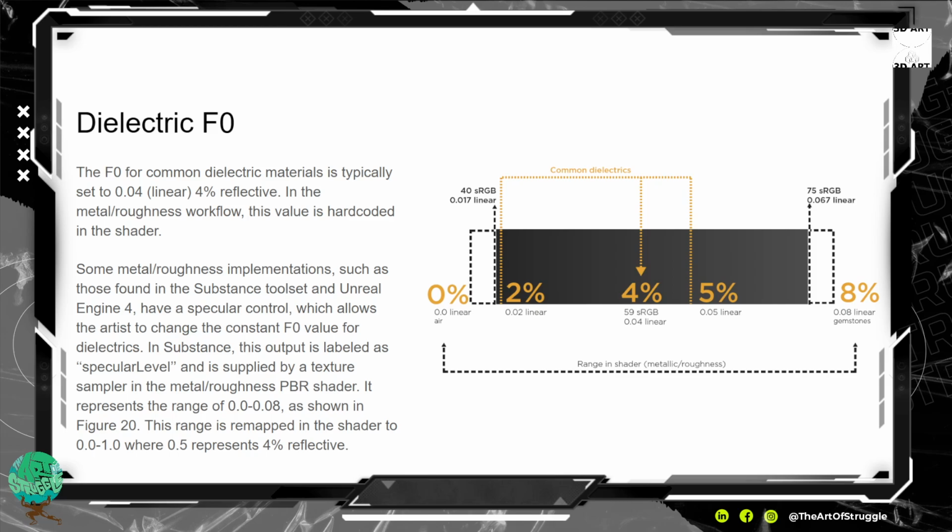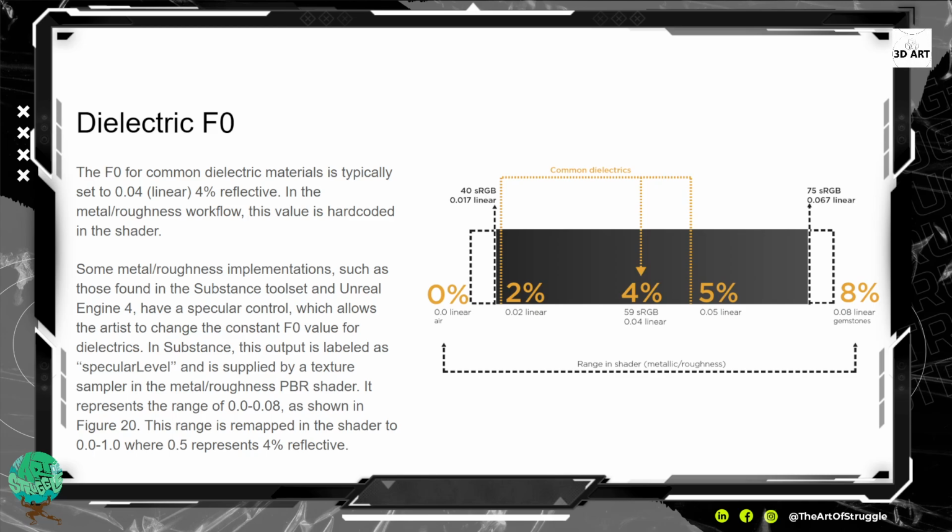Some metal roughness implementations, such as those found in the Substance toolset and Unreal Engine 4, have a specular control, which allows the artist to change the constant F0 value for dielectrics. In Substance, this output is labeled as specular level and is supplied by a texture sampler in the metal roughness PBR shader.